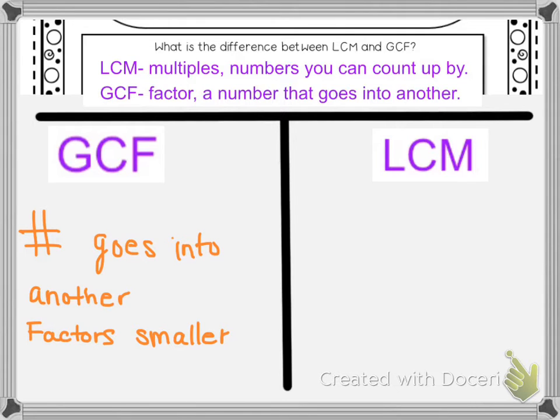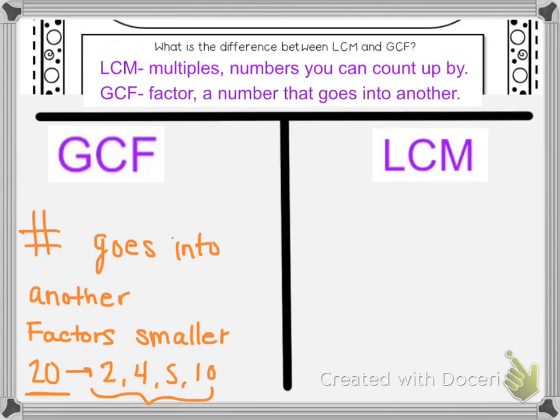So once again, let's look at factors of 20, which are 2, 4, 5, and 10. All of our factors are smaller than our starting number, and all of these numbers can go into 20.